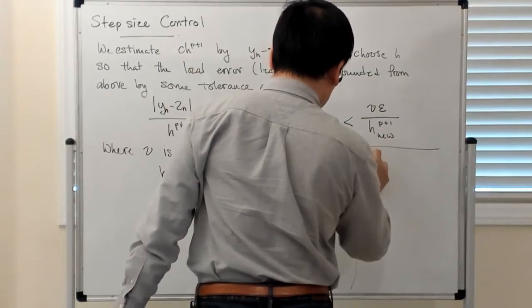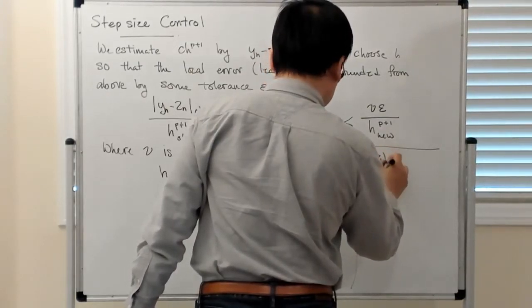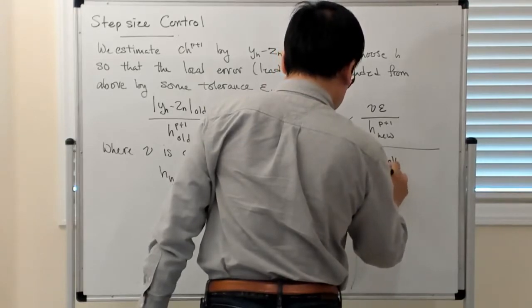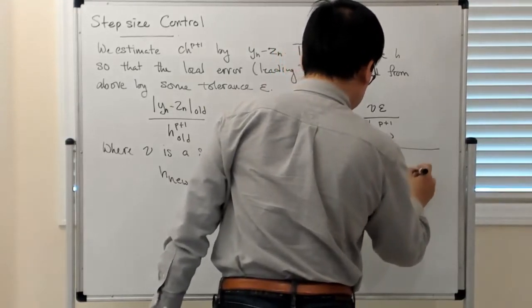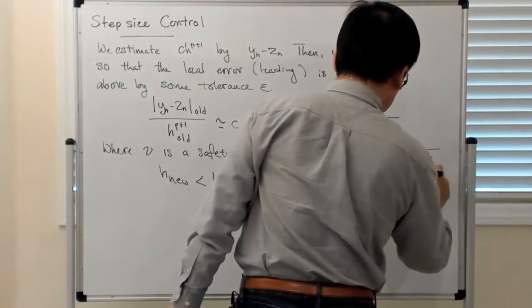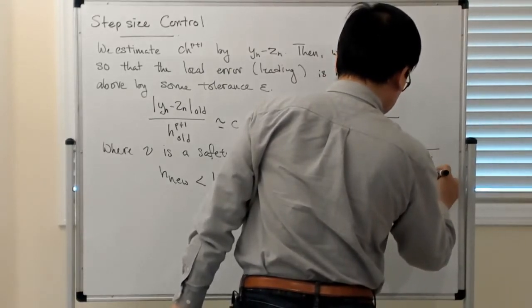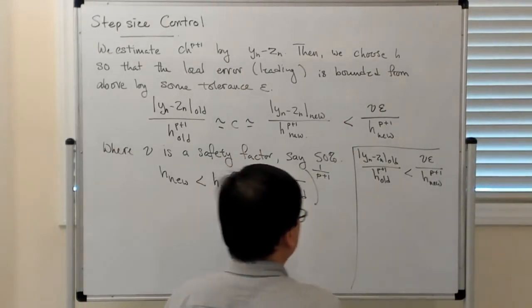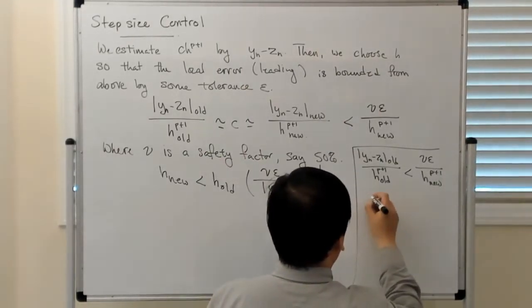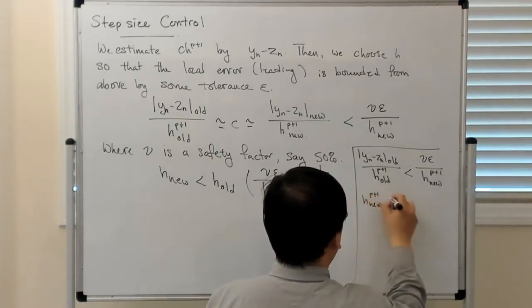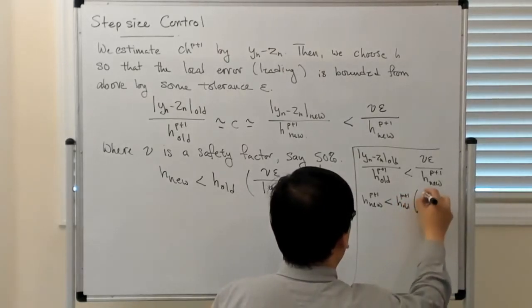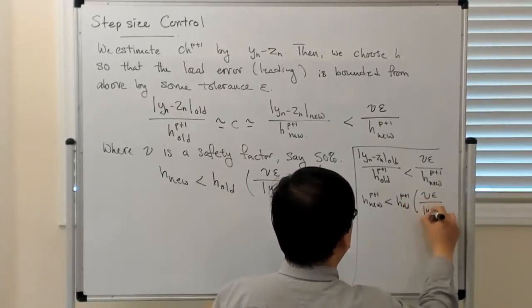You have Yn minus Zn old divided by h to the P plus 1 old is less than nu epsilon over h new to the P plus 1. So this gives me h new to the P plus 1 is less than h old to the P plus 1 multiplied into this.